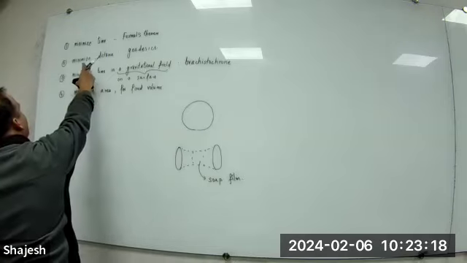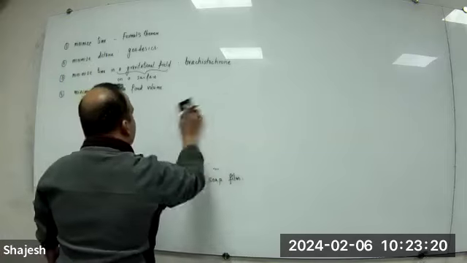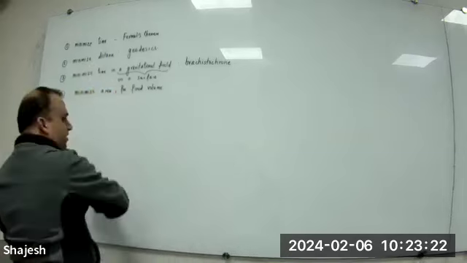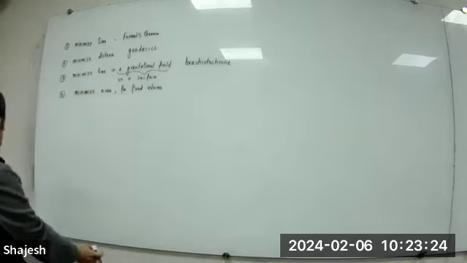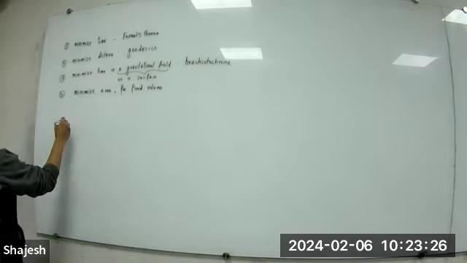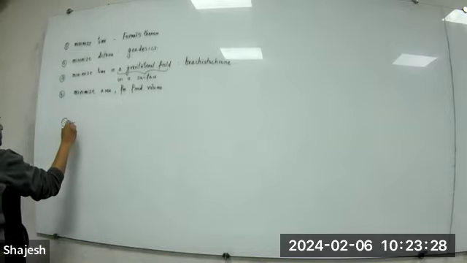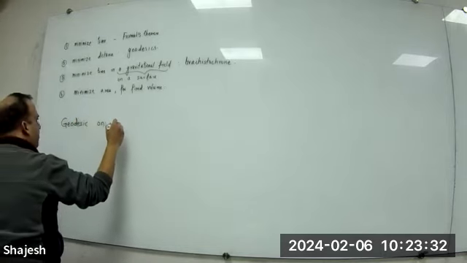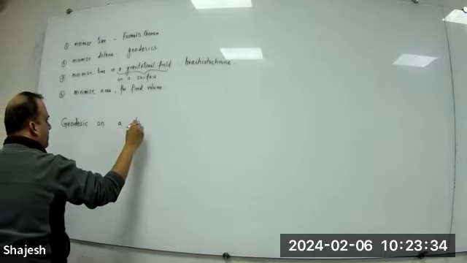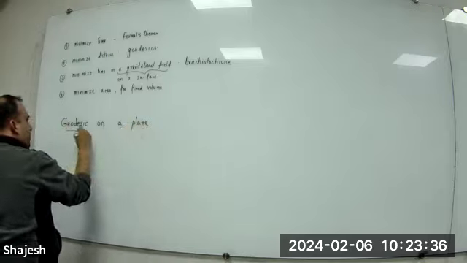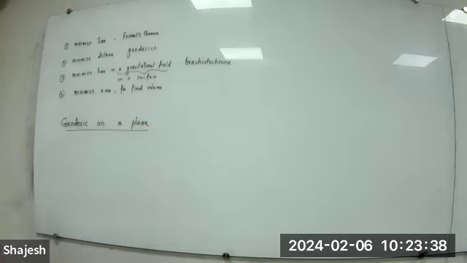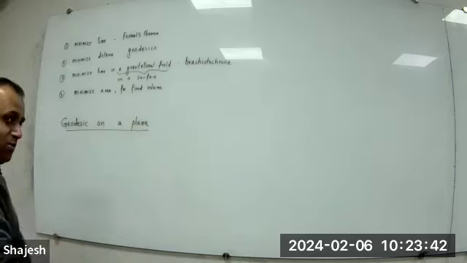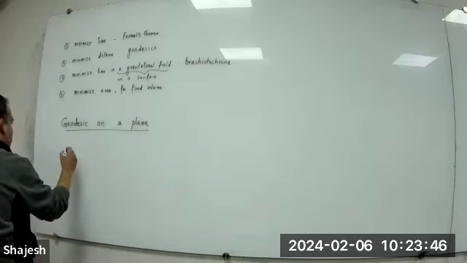Let's do something simple. Minimal distance on the plane. So let's say a geodesic on a plane, the simplest. What's a geodesic on a plane again? A straight line, right? But now we want to prove that. So let's call it distance.